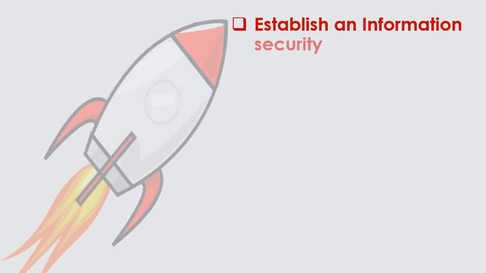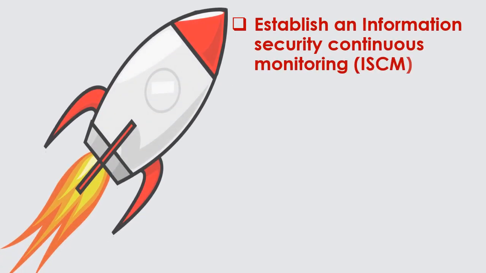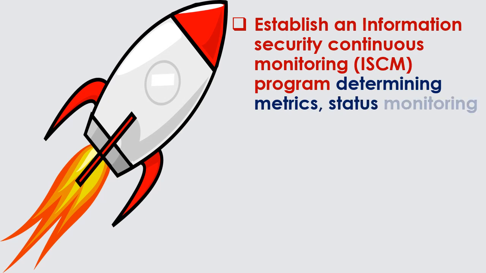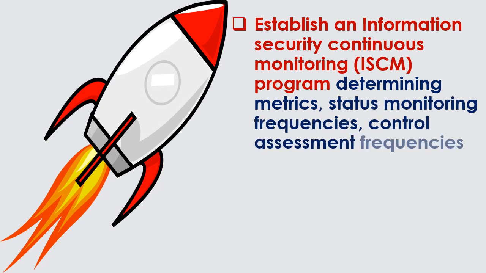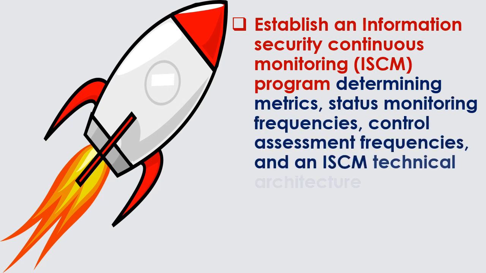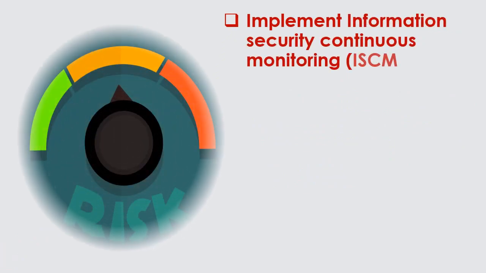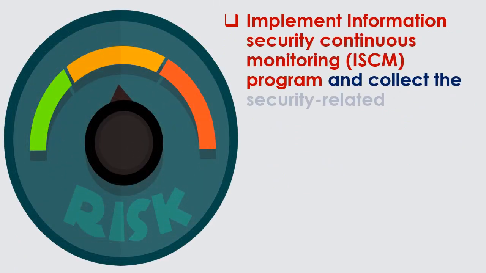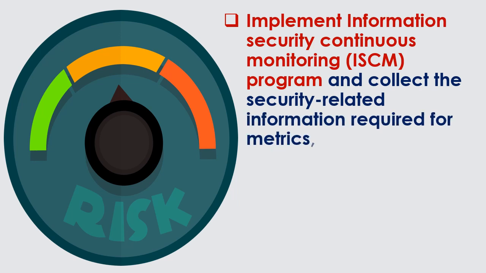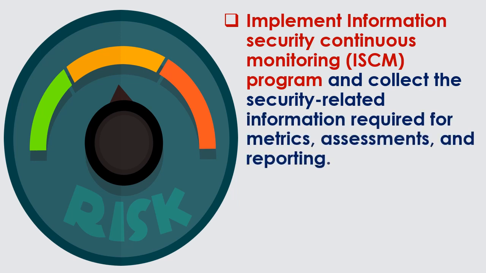Establish an ISCM program determining metrics, status monitoring frequencies, control assessment frequencies, and an ISCM technical architecture. Implement the ISCM program and collect the security-related information required for metrics, assessments, and reporting.